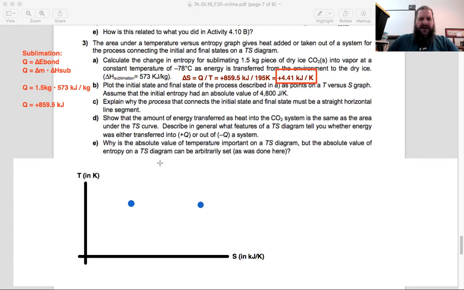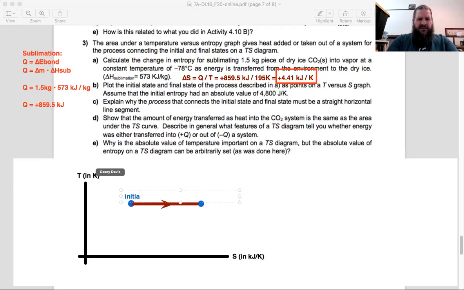So this path, the process, is just going to be a flat line from the initial situation to the final situation. So something like that. Let me make that a little narrower. So there's our process. We're going from initial to final.